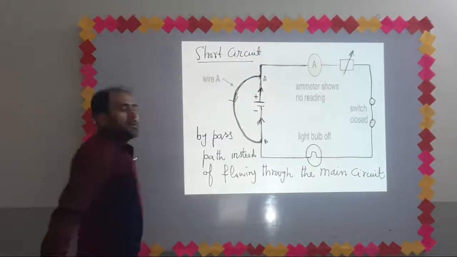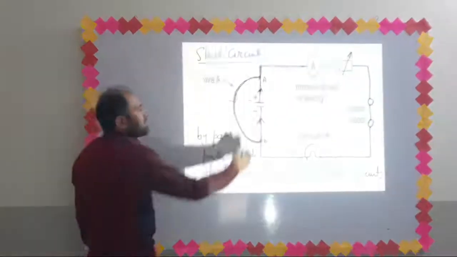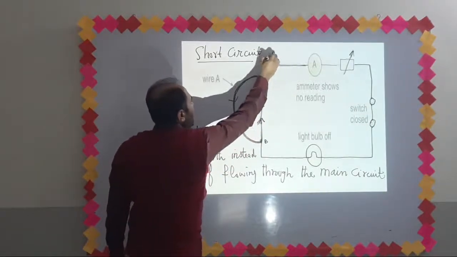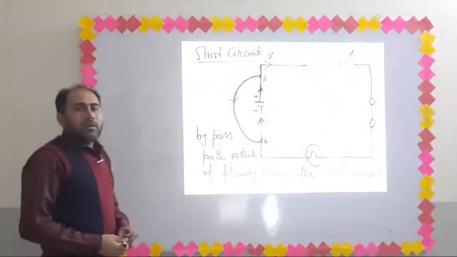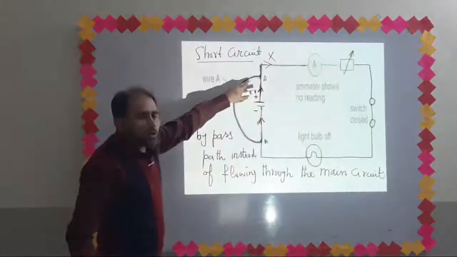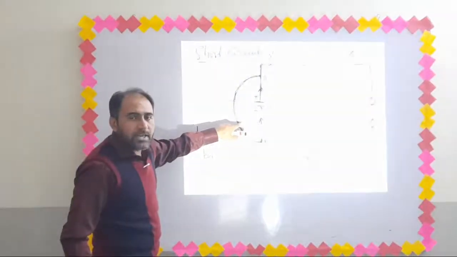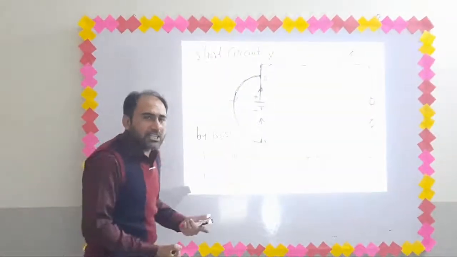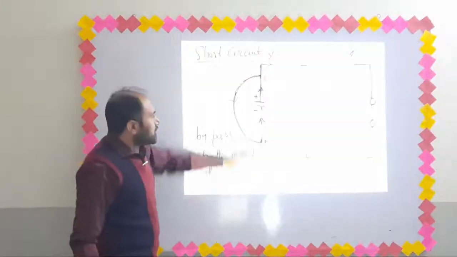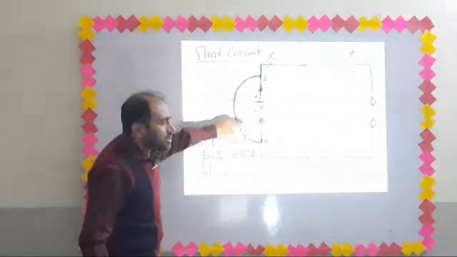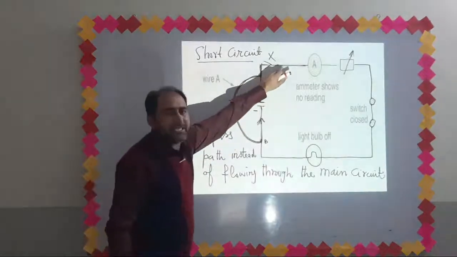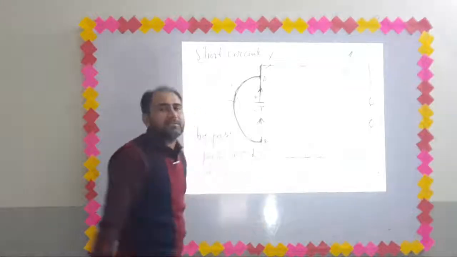My question is, why is the current not flowing in this direction? Because current always adopts such a path in which it becomes easier for the charges to flow. The current does not flow through the circuit in which there is higher resistance.